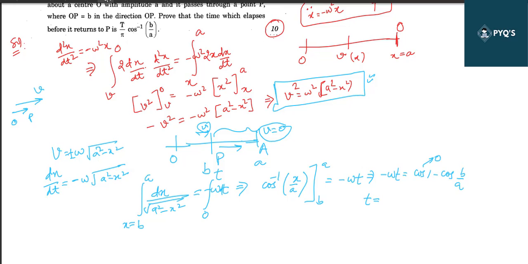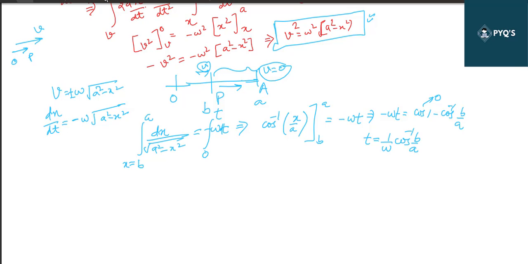So t equals 1 by omega cos inverse B by A. So we got this t. We know that omega equals 2 pi by capital T, which is given. So t equals T upon 2 pi cos inverse of B by A.